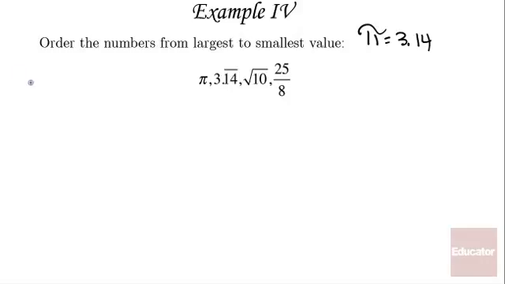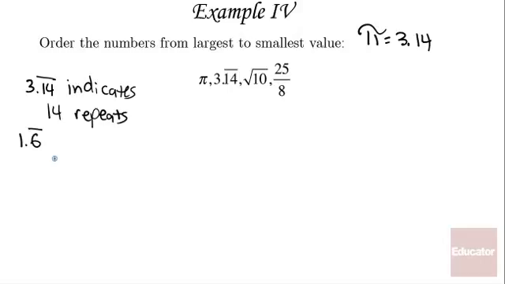And what that indicates, if there's a bar over the number, is that the 1.4 is repeating. I could have 1.6 repeating, and then that would just be 1.66666 and on and on. Here I have the 1 and the 4 repeating.